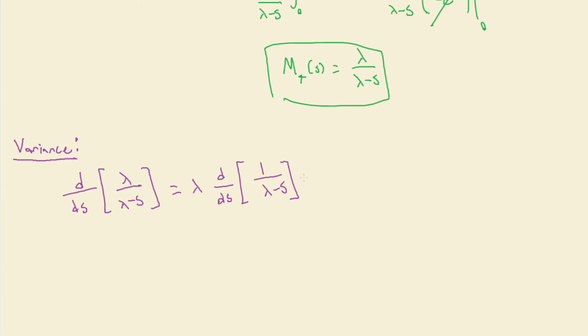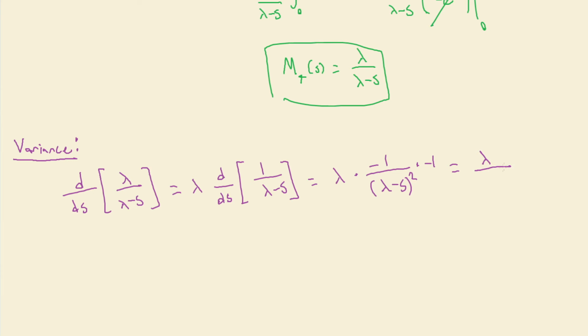And so this derivative here would just be the derivative of f evaluated at g of x. And so what is that? That's just going to be negative 1 over lambda minus s squared, right? Lambda times that, but then we need to multiply by the derivative of the inside here, which is just negative 1. And so if we multiply by negative 1, what are we going to get?